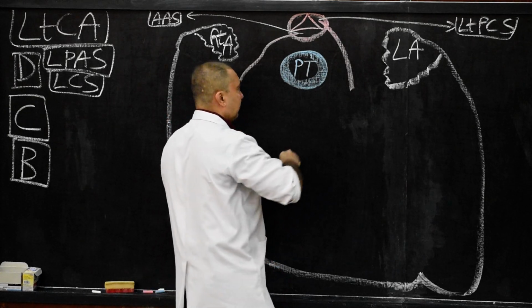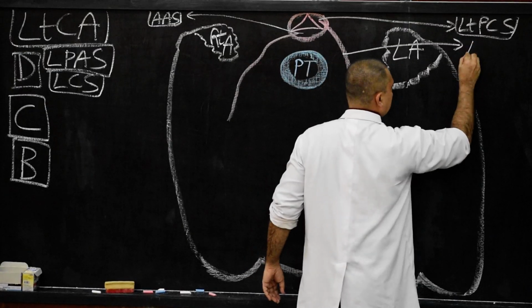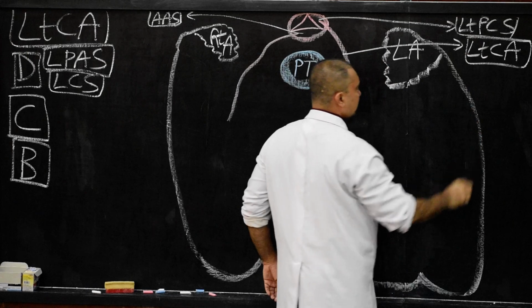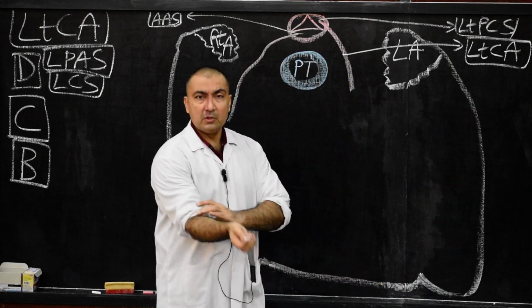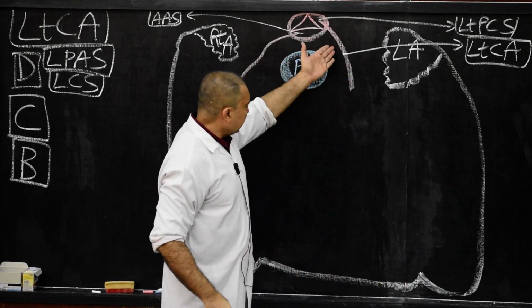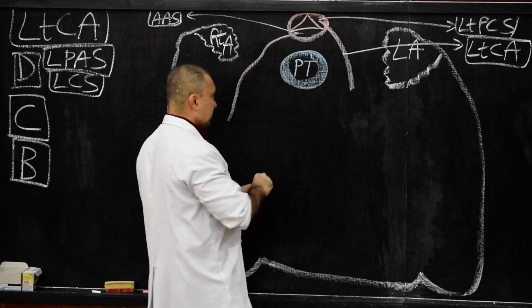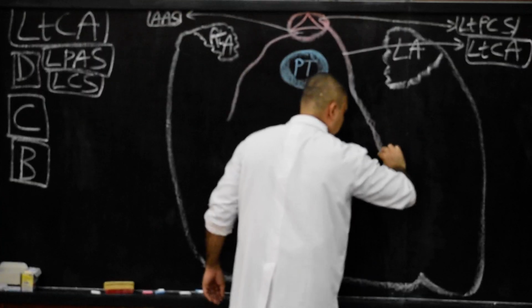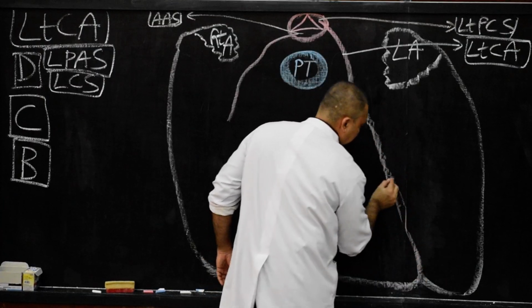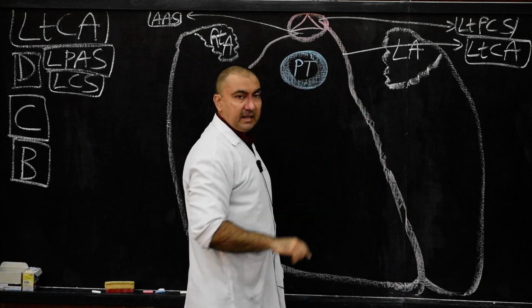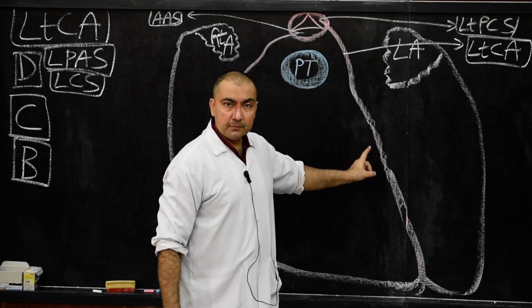Therefore, after passing, first we'll write the name, left coronary artery. After passing, it will immediately divide into two branches. The main continuation of the left coronary artery, as it passes down, we will see this as anterior interventricular branch.